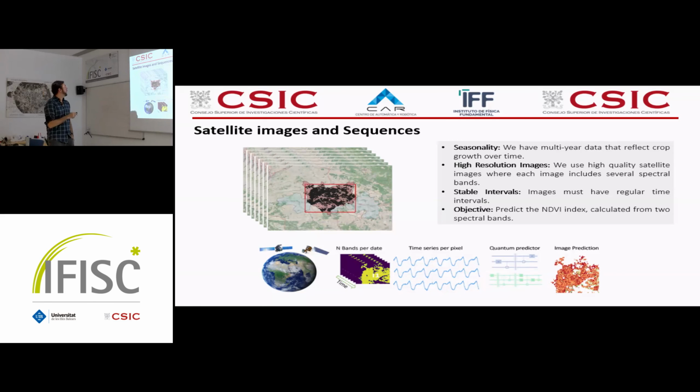We had the data set with all the images along the time, and we wanted to predict the next step. I have more slides with this, but the goal was to predict the next step. It's a regression problem.